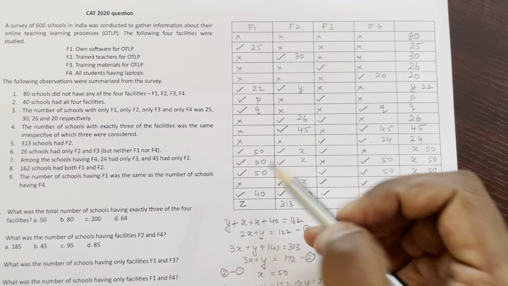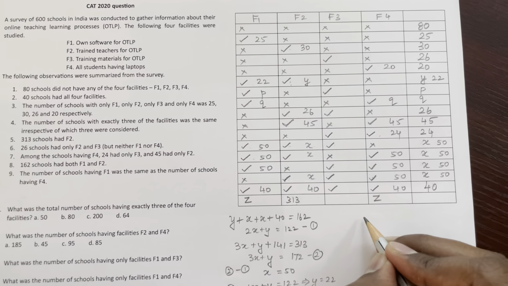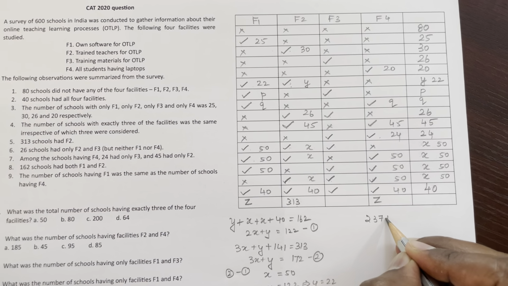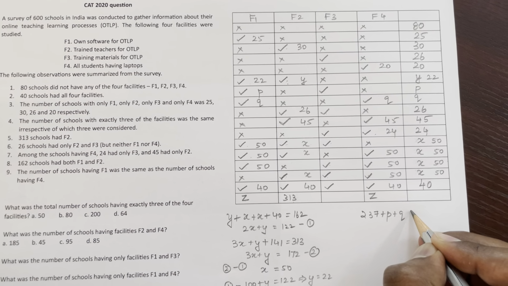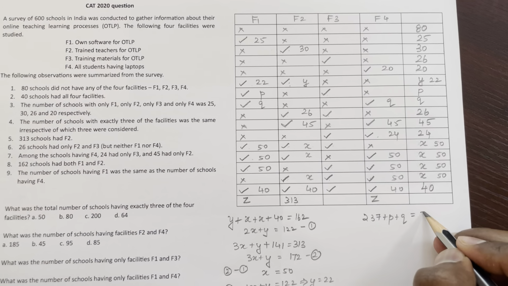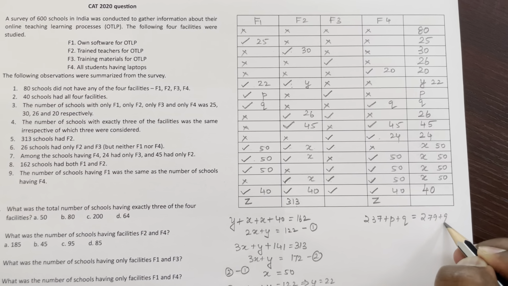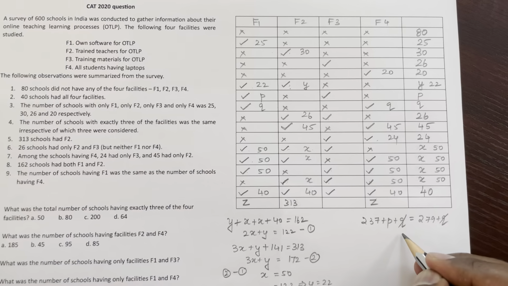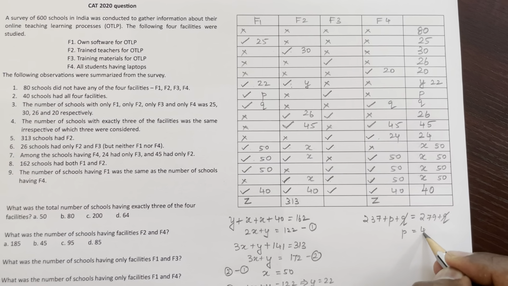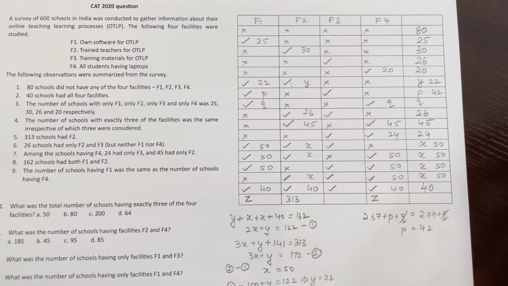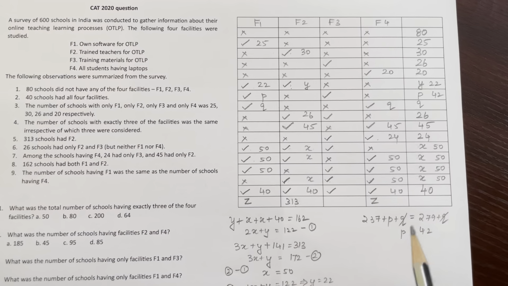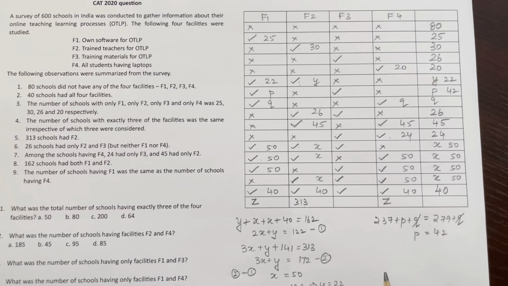Summing up all this becomes 237 plus P plus Q equals 279 plus Q. So Q and Q will cancel out and P is equal to 42. So with this information, we have found the value of P.